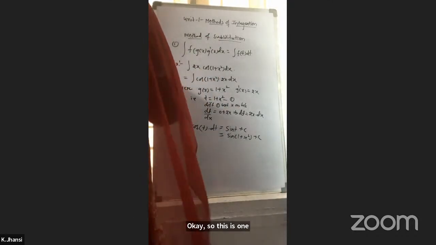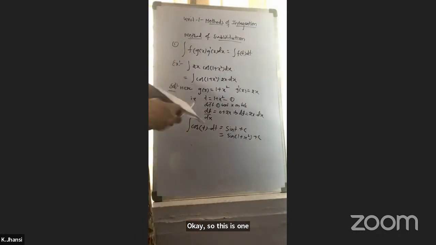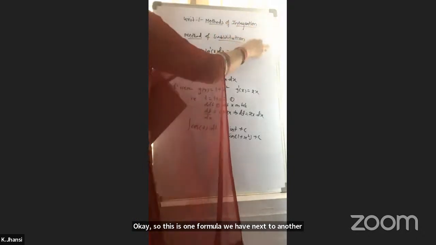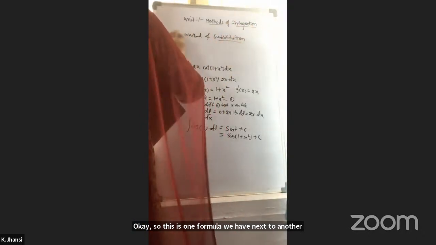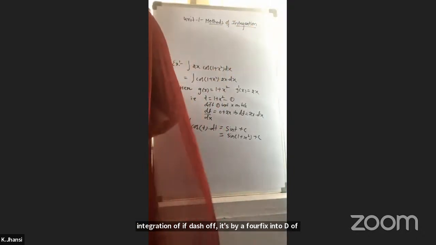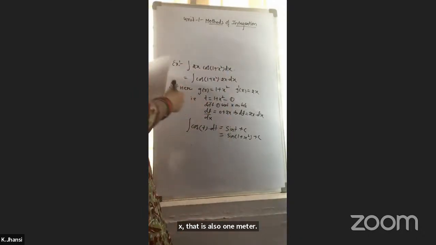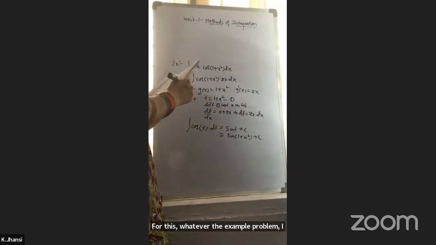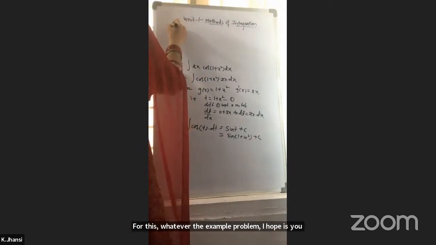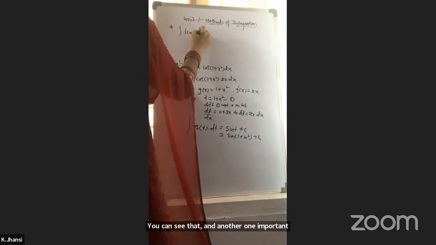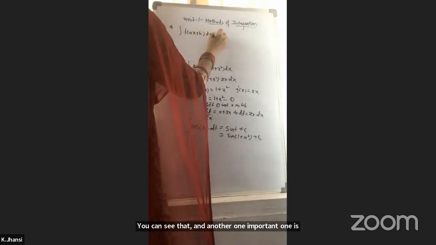Next, another one is integration of f dash of x by f of x into dx. That is also one method. The example problems I have told, you can see in your textbook. Another important one is integration of f of ax plus b into dx.